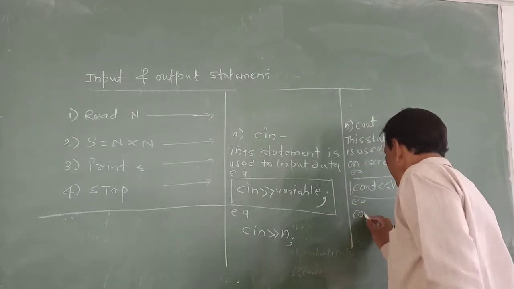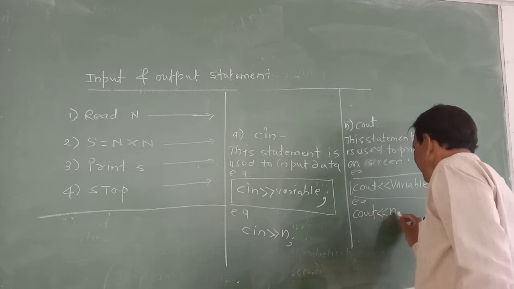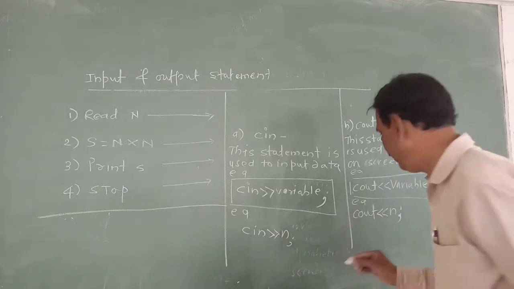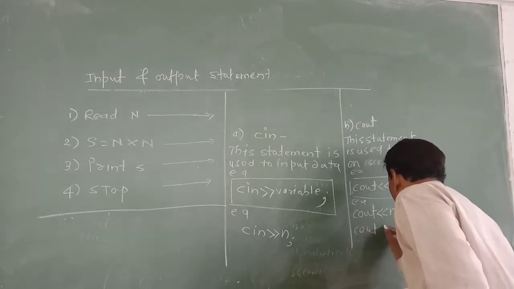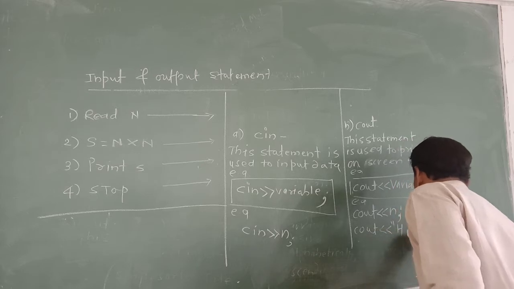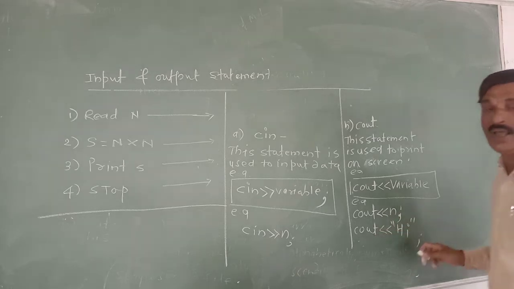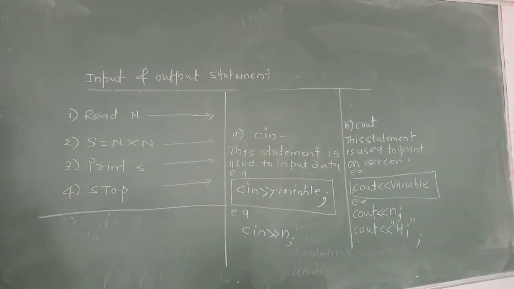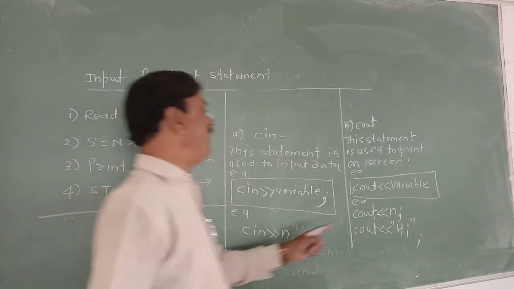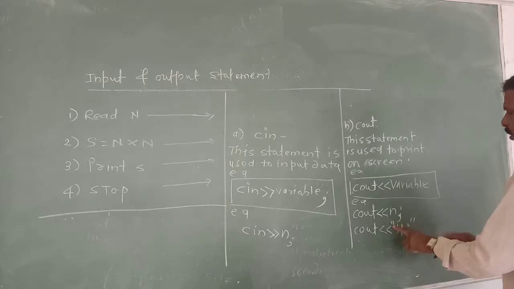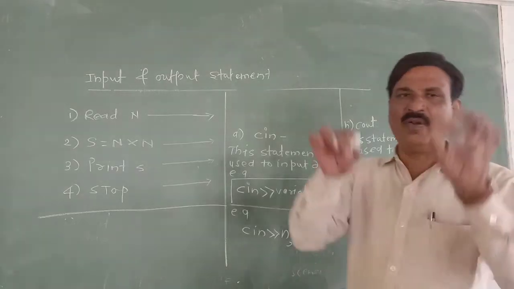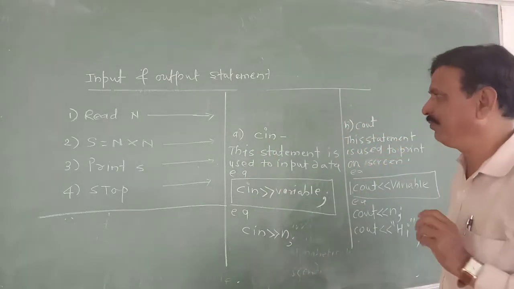Example: Cout smaller than n semicolon, that is print. Cout smaller than a message, suppose "hi". So there are two types, Cout n and Cout "hi". With Cout n, the value of n will be printed, and in quotation marks, the same will be printed, that is the message "hi" will be printed.